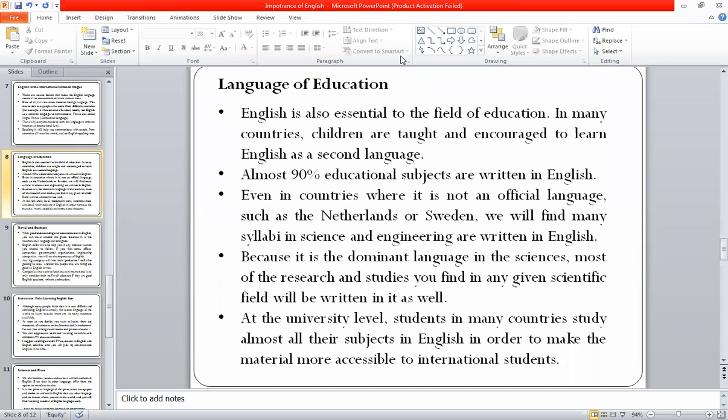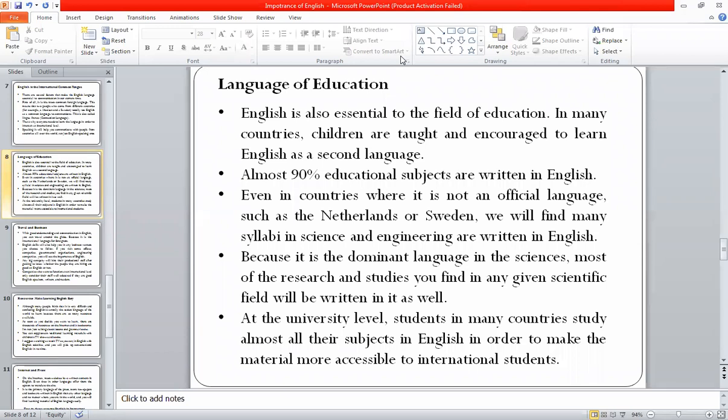So at the university level also, students in many countries have their subjects in English, almost all of them, in order to make the material more accessible to the international students. So why have they used English as a language of communication or language of education?